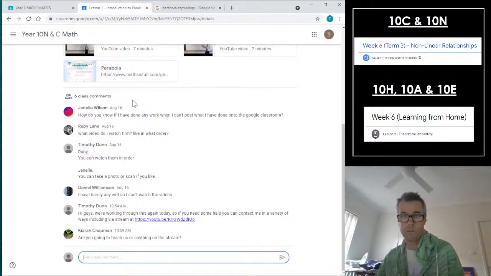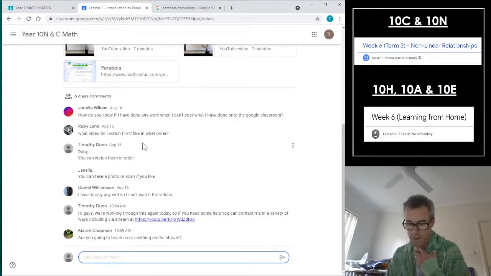Yeah, cool, awesome. Do you understand how we were able to plot this equation? I'll write it again. You understand how we were able to plot this equation into the table of values?